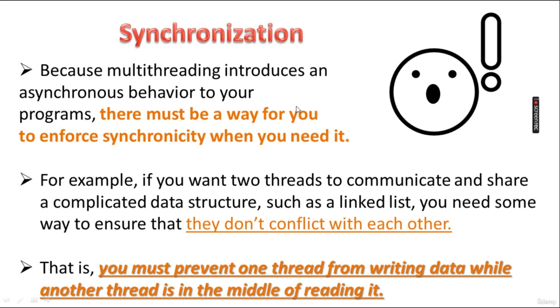For example, if you want two threads to communicate and share a complicated data structure such as a linked list, you need some way to ensure that they do not conflict with each other. One thread is modifying, the second is reading. When one is modifying, the other should stop and wait until that modification is done.